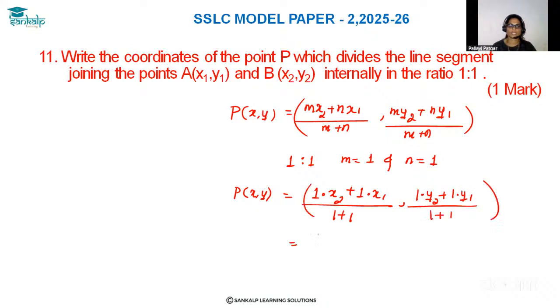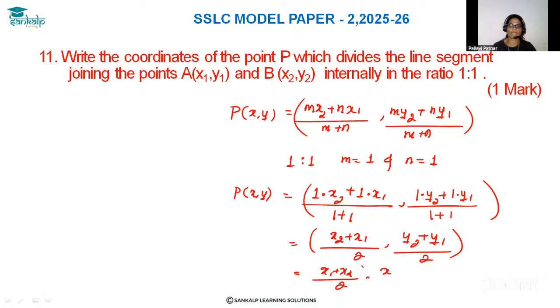So this is equal to (x2 plus x1) divided by 2, (y2 plus y1) divided by 2. Rearranging, we get (x1 plus x2) divided by 2, comma (y1 plus y2) divided by 2. So this formula represents the midpoint of the line segment.